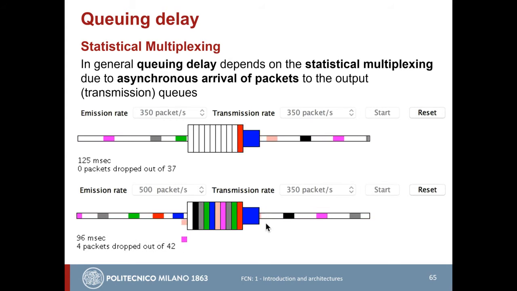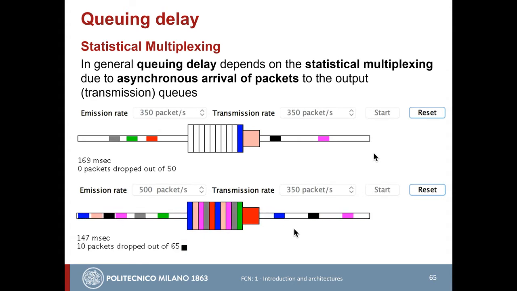Basically, if the rate of the packets arriving is faster than the rate of emission at the output, then the queue gets congested.